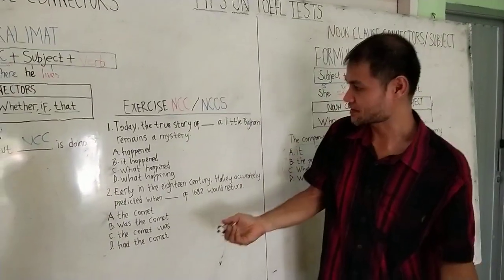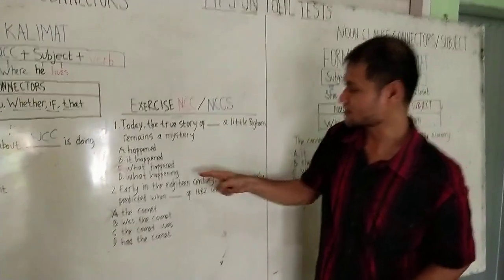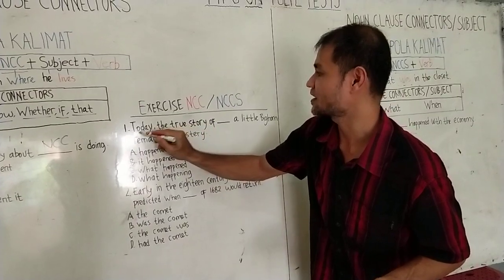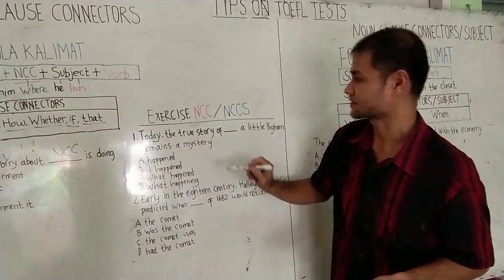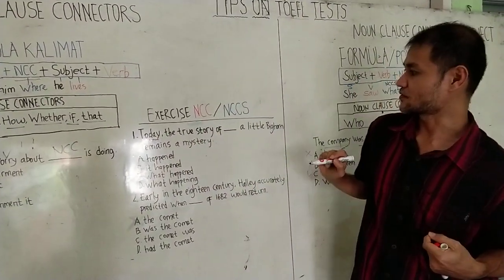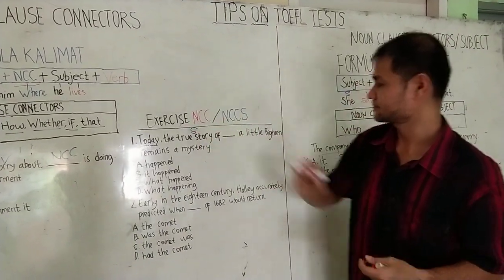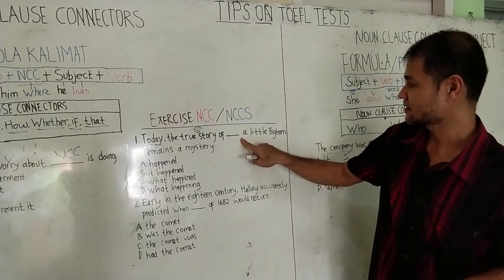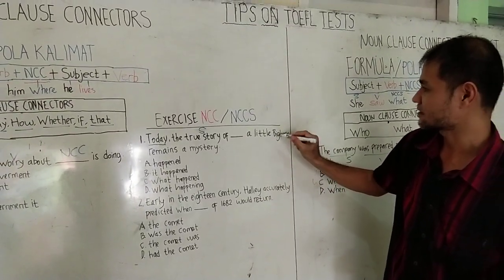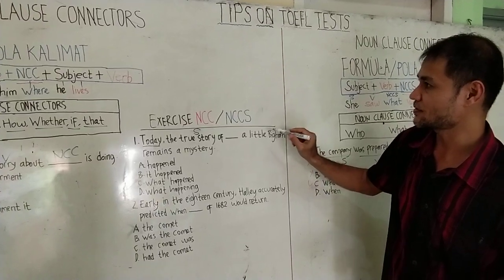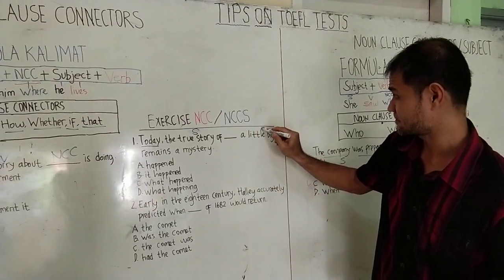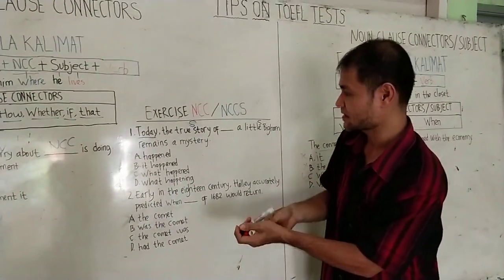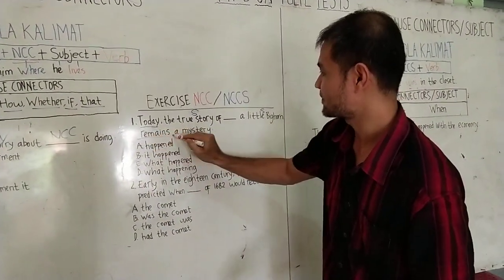Let's analyze first before choosing the correct answer. The true story is subject. Little bighorn is also subject, and remains is the verb.